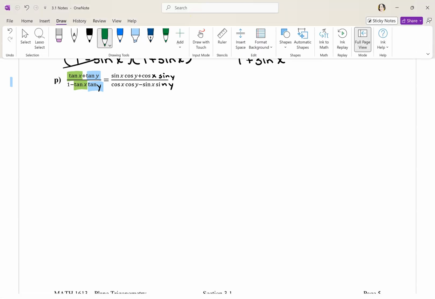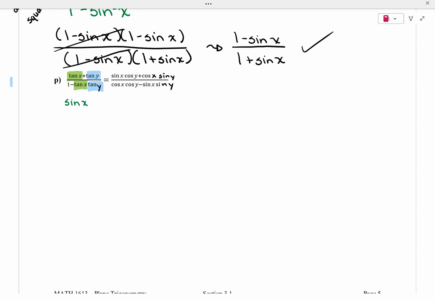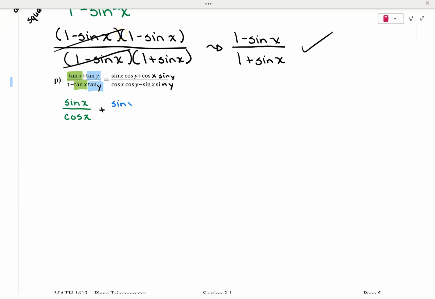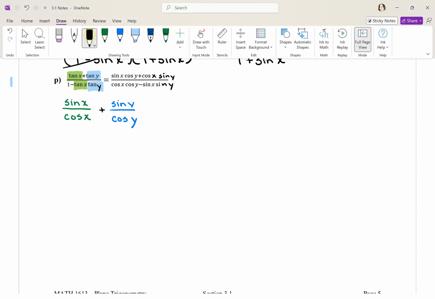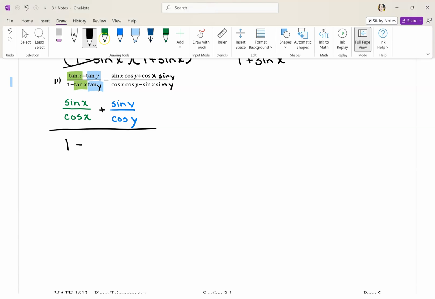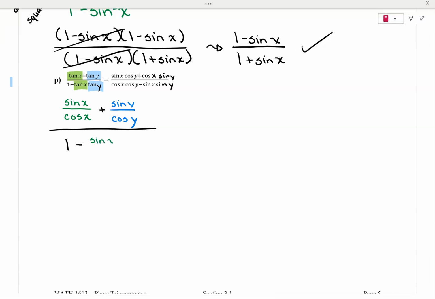So we're going to have sine of x over cosine of x plus sine of y over cosine of y all over 1 minus sine of x over cosine of x times sine of y over cosine of y.